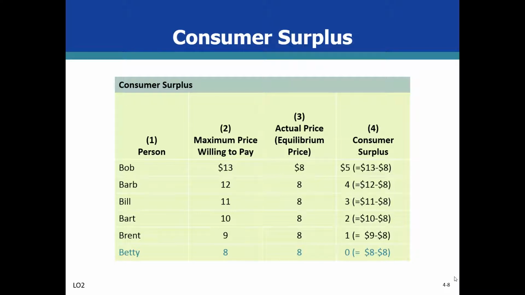Every consumer but Betty, shown at the bottom, generates a consumer surplus. In theory, this surplus can be used to purchase other products and services within this constrained budget. Thus, the benefit.